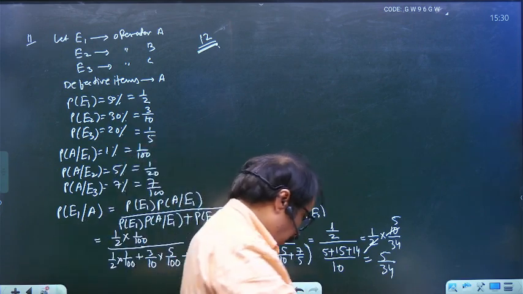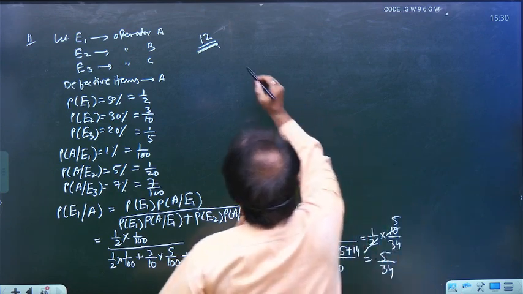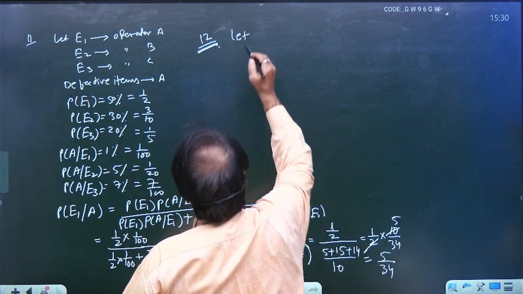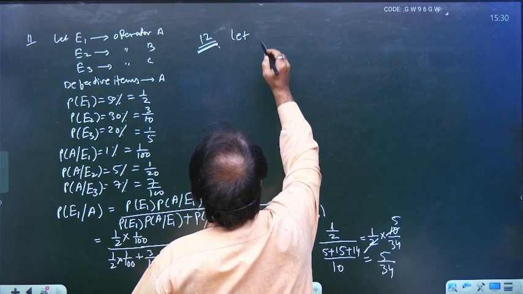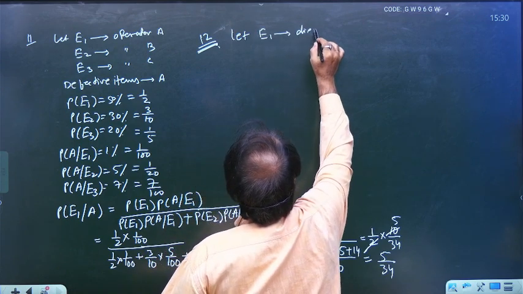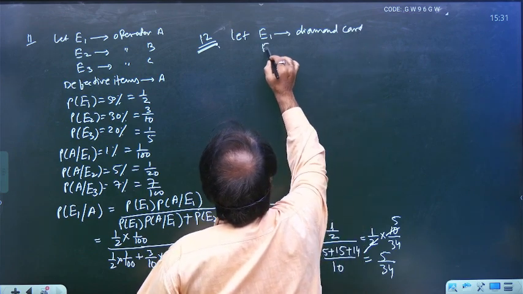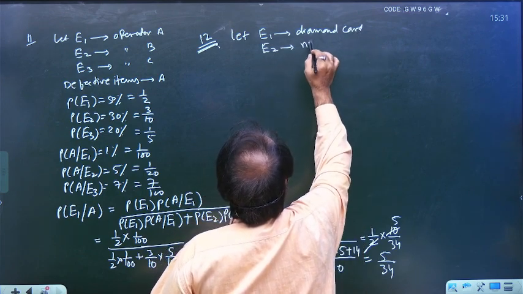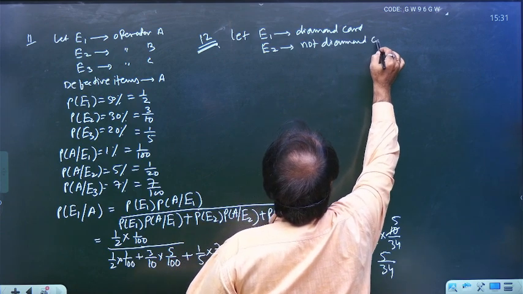Okay, so this is the very important question. So let E1 be choosing a diamond card, or E2 is not a diamond card.